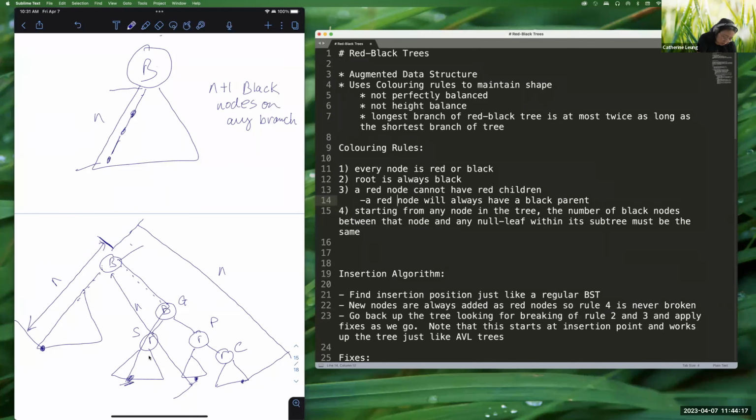So what it means is that when I finish this fix, I have to have the same number of black nodes. I can't add an extra black node anywhere.